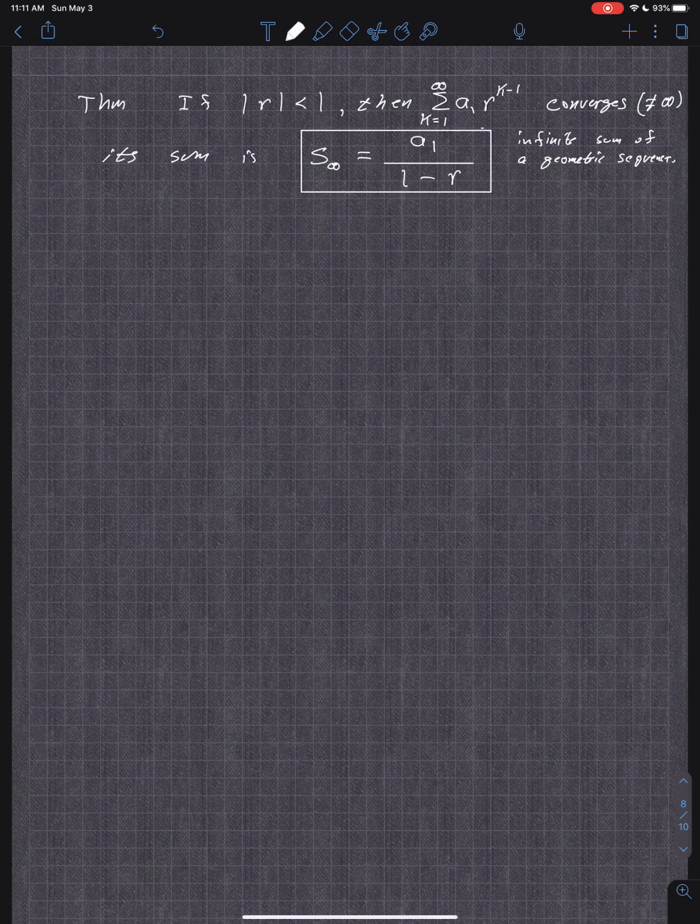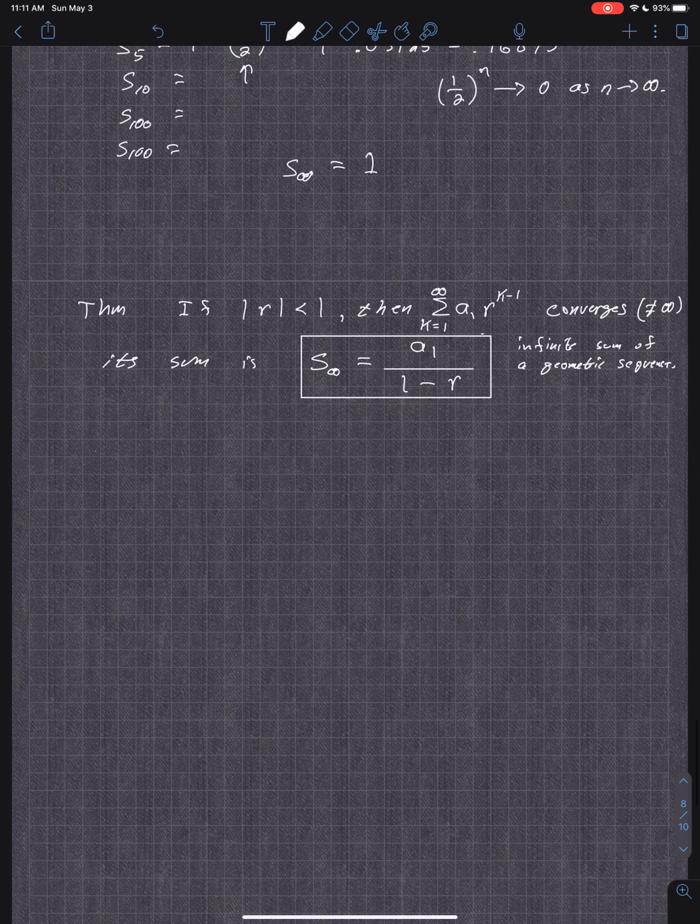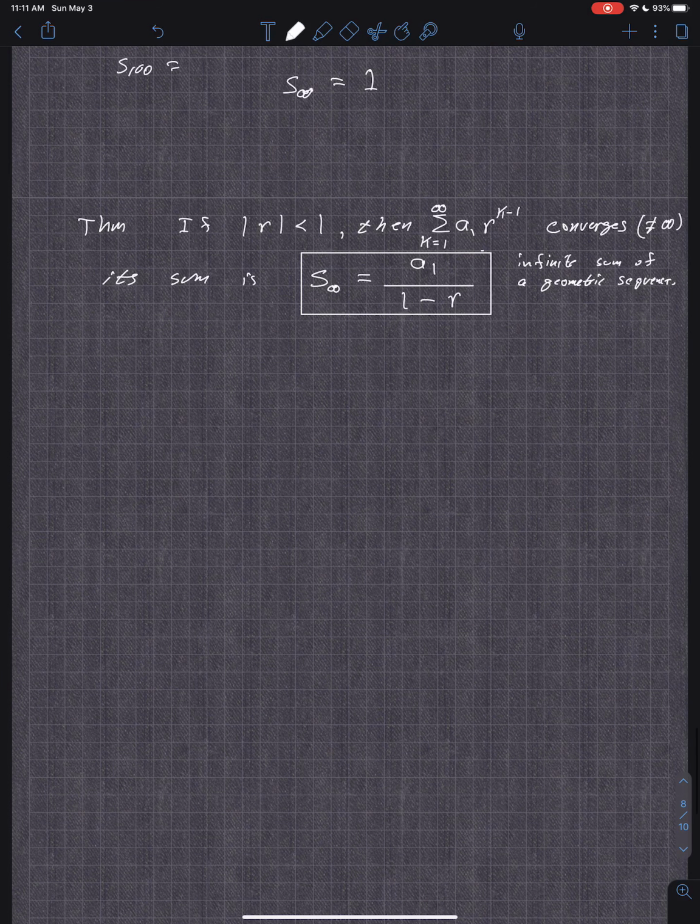Okay, so let's use it to basically prove. Well, first let me show you this. So here's the proof of this basically. We're going to assume that the absolute value of r is less than 1. Then from previously we know S sub n, meaning the sum of the first n terms of a geometric sequence, is a1 times 1 minus r to the n, all over 1 minus r.